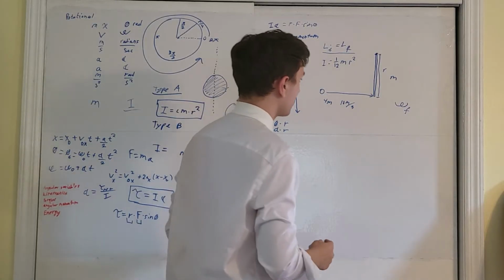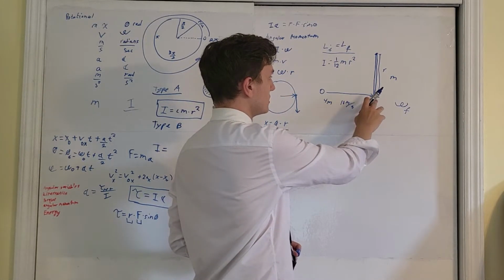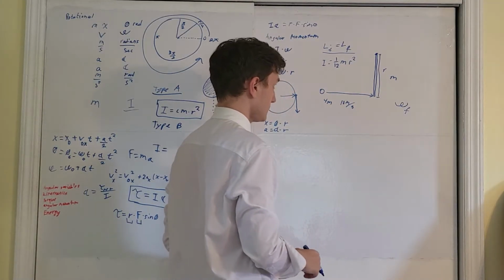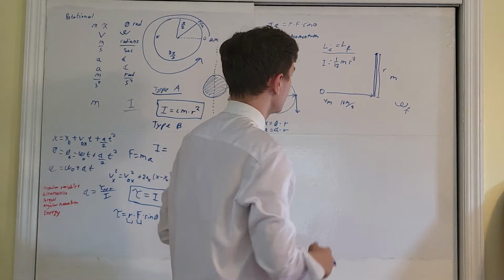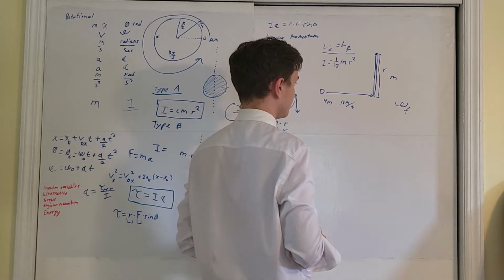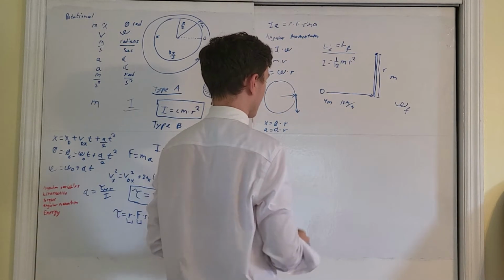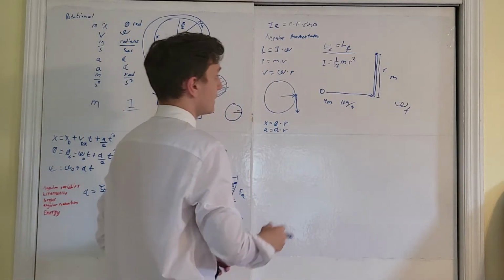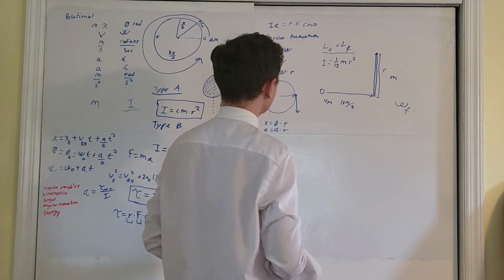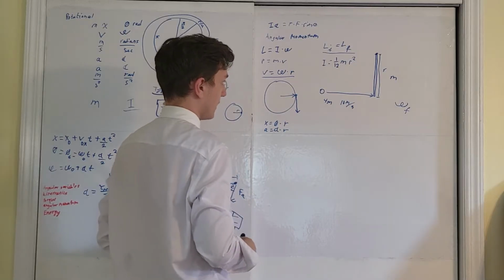Well, we are going to consider the scenario the moment before the collision occurs. Okay? So the moment before the collision occurs, my particle is at radius r from the center, and it has the same mass, same velocity. However, the moment before it collides with the rod, we can convert the particle's linear velocity to angular velocity.